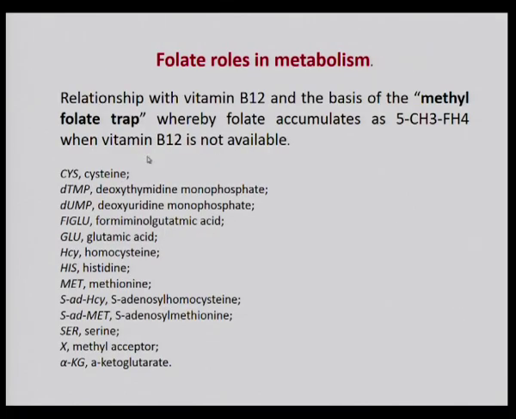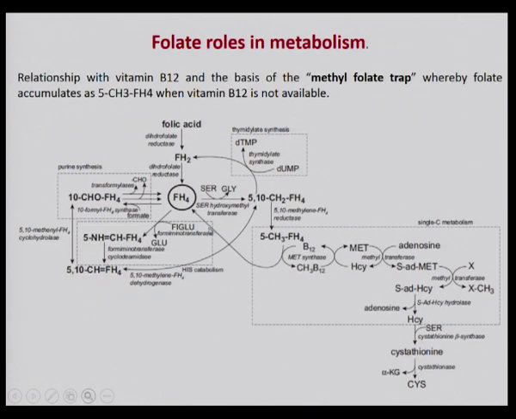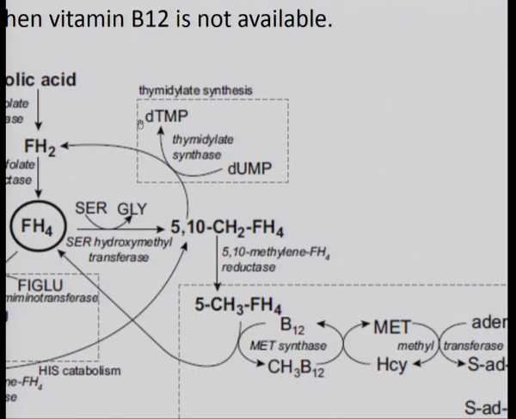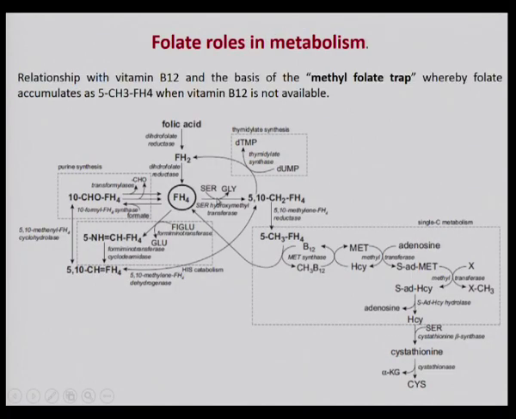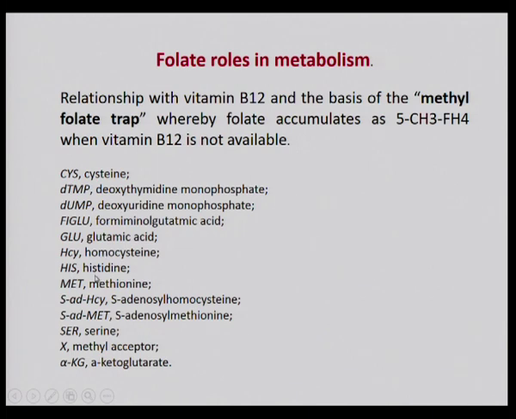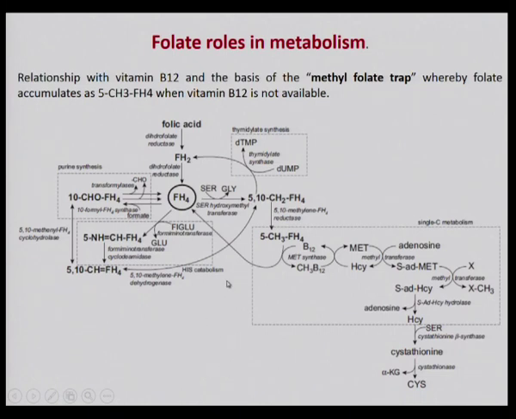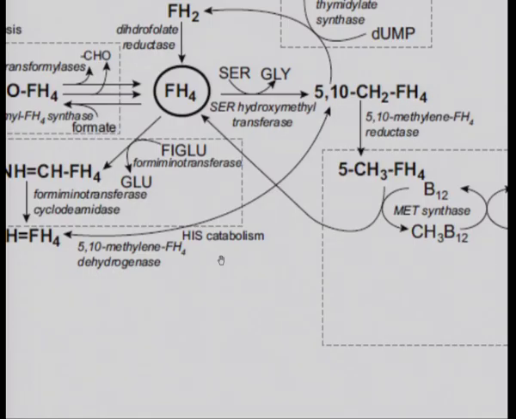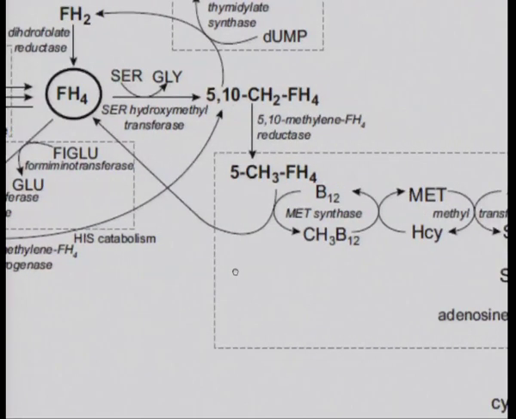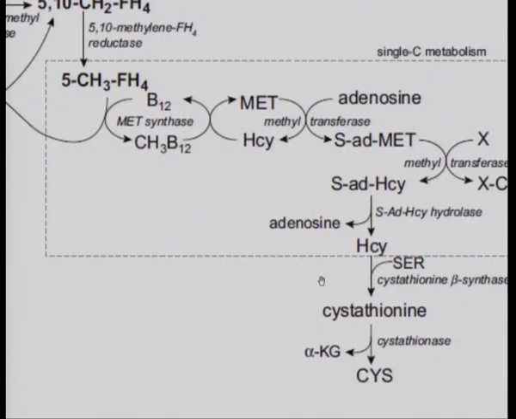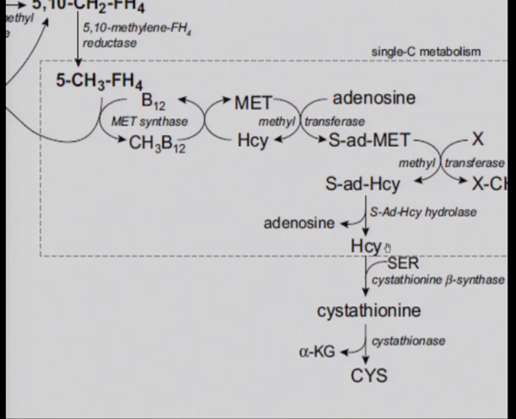Here we have deoxyuridine monophosphate getting converted to thymidine monophosphate, and then you have the other compounds: glutamic acid, homocysteine, histidine. You find these in this network of reactions. Here you have histidine catabolism, which is closely linked, and we also have the homocysteine and cysteine pathway mentioned here, along with one-carbon metabolism.